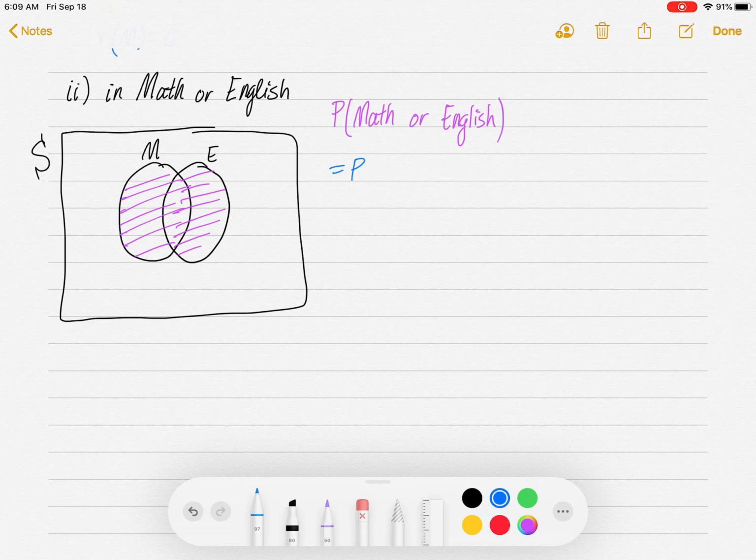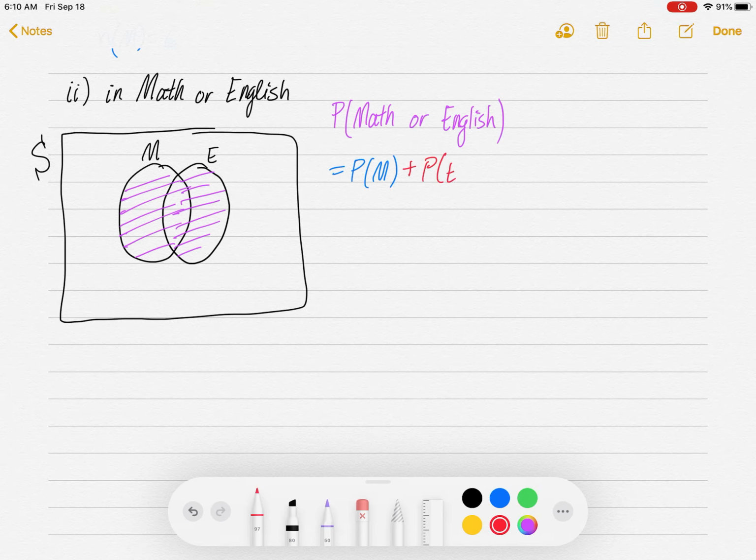Well, this is going to be equal to the probability of math plus the probability of English. Let me actually write out the words here. I'm going to write out the words so it's completely unambiguous. Minus the probability of their overlap. What are we going to call the overlap? I'll call it green. Probability of math and English at the same time.